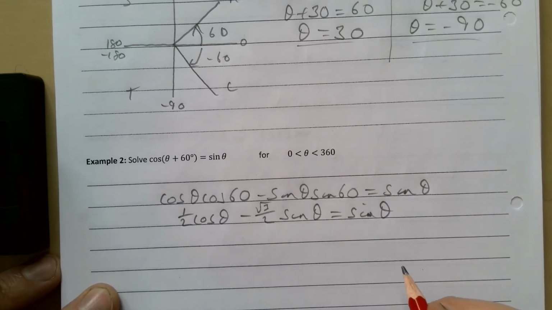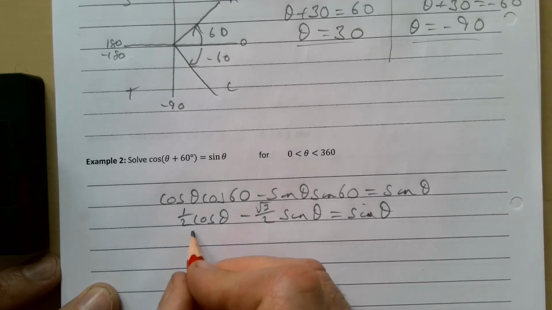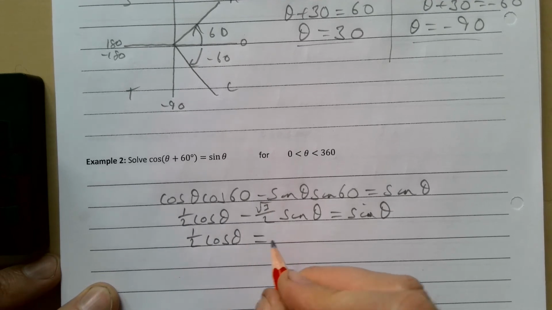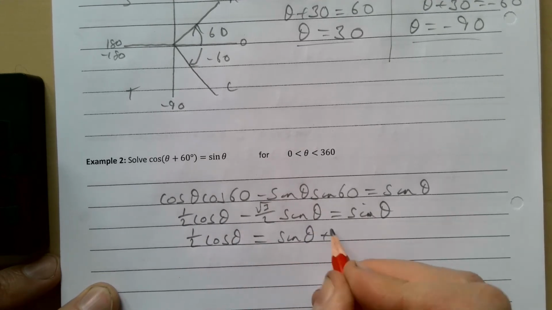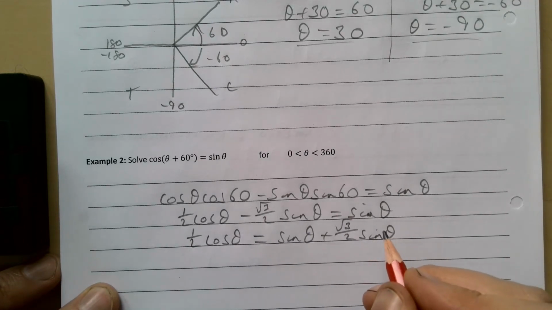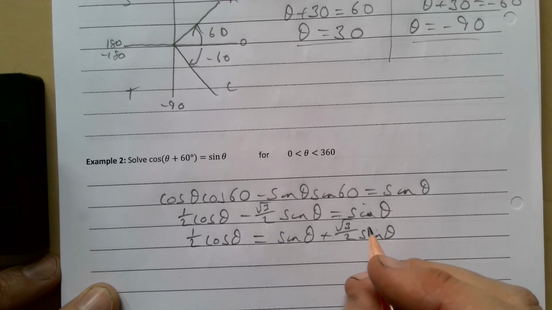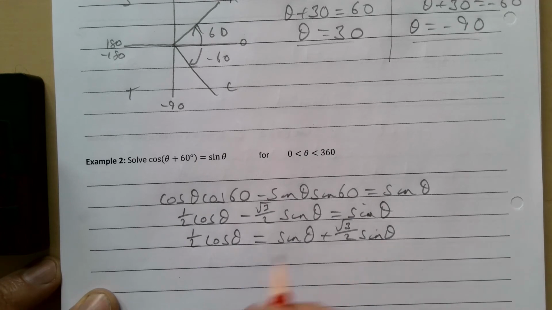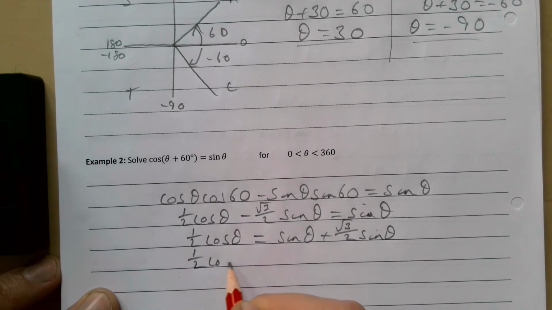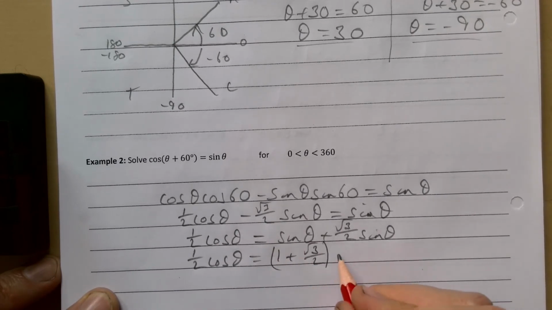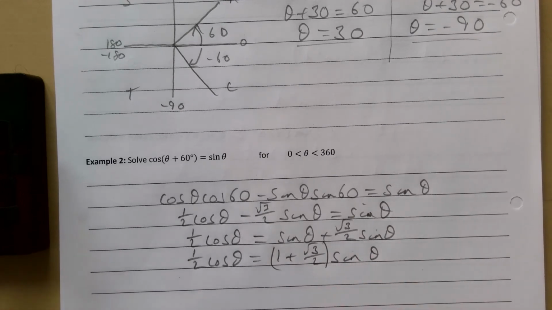Let's see what we can do here. I'm going to take this over to here, so we have a half cos theta equals sine theta plus root 3 over 2 sine theta. We can also times by 2 to try and tidy things up. Cos theta is 1 plus root 3 over 2 upon sine theta.